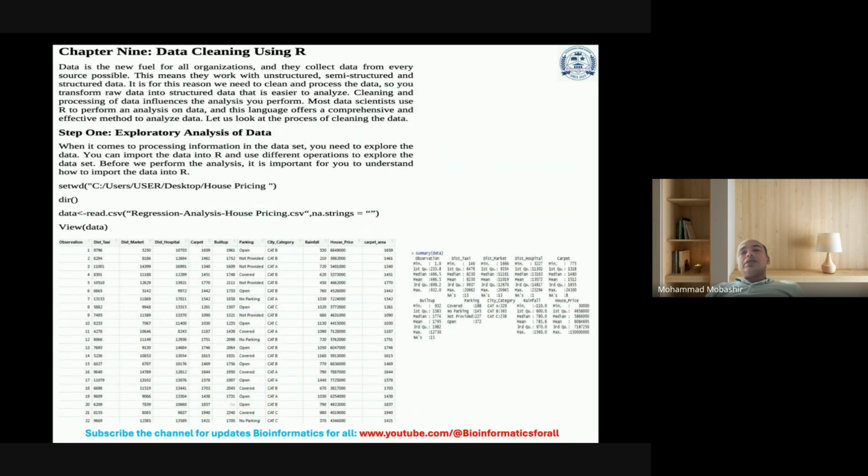Now, this is if you are working with R, which is very common, R and Python. So I'm just going to show you the first step, which is exploratory analysis of data.